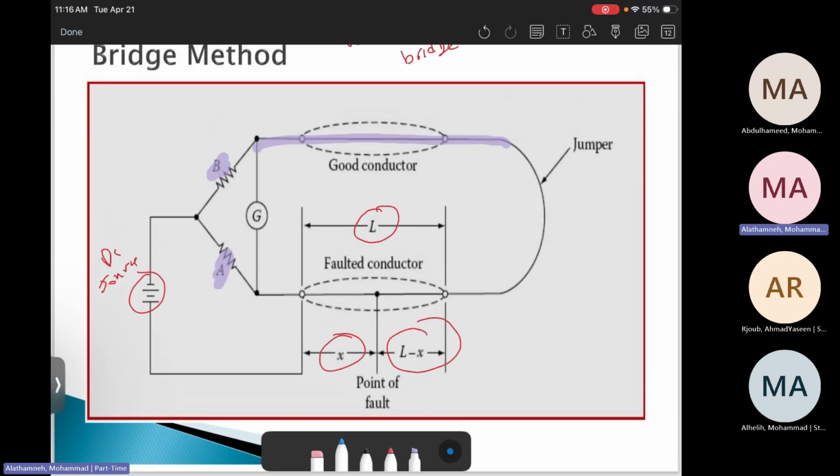This is Rb and here is Rc. We adjust to make sure the galvanometer reading is 0. Once the galvanometer reading is 0, we get Ra times Rc equals Rb times Rx.